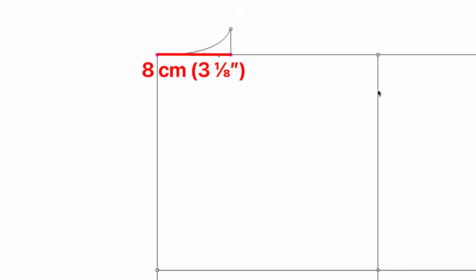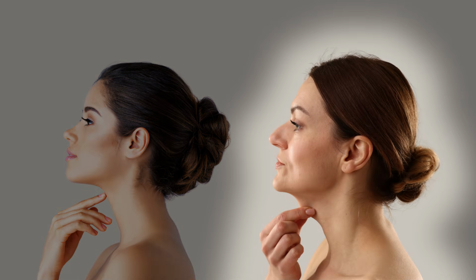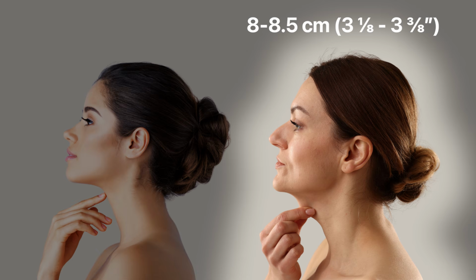This means when you create a bodice block or just regular top patterns, half of the neck width can be anywhere between 7 to 8 centimeter. If your customer has a thinner neck, you can go with 7 centimeter. If your model has a voluminous neck, you can go with 8 or 8.5 centimeter as a starting point.